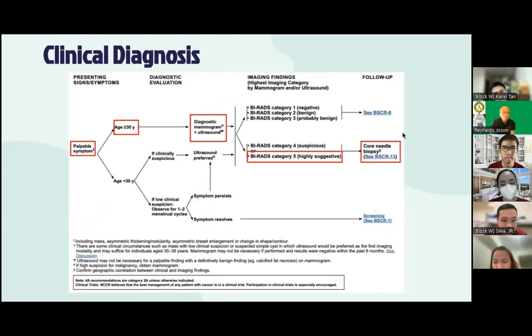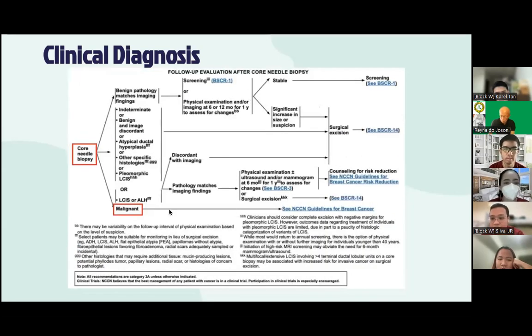So for patients with palpable breast mass greater than 30 years old, a mammogram and breast ultrasound is recommended, followed by core needle biopsy for patients with BI-RADS score of 4, which is suspicious of malignancy, and 5, which is highly suggestive of malignancy. And since for our patient, her BI-RADS score was 5 initially, a core needle biopsy was done, which showed the histopath results of an invasive malignant carcinoma.